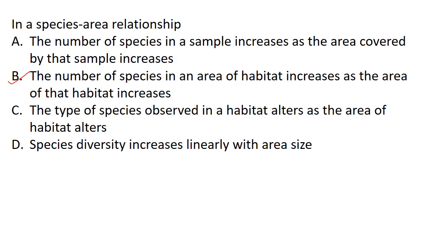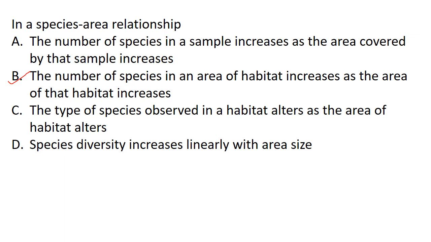In a species area relationship. So what is this species area relationship? The relationship between number of species and the size of habitat is called species area relationship. And it states that a larger habitat can support a larger number of species than smaller habitats.